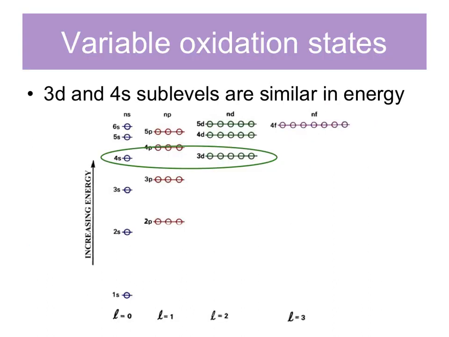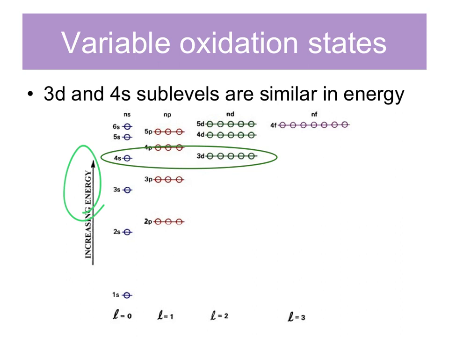Now let's dive into why these transition metals can have different oxidation states. Typically, when an atom loses a certain number of electrons, it's driven to lose a specific amount of electrons. Why do you think the transition metals might behave differently? Well, here we can see an idea of how much energy it might take to remove electrons from certain energy levels. This is the order of filling, Aufbau's principle.